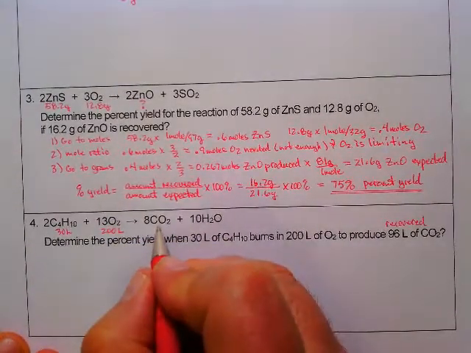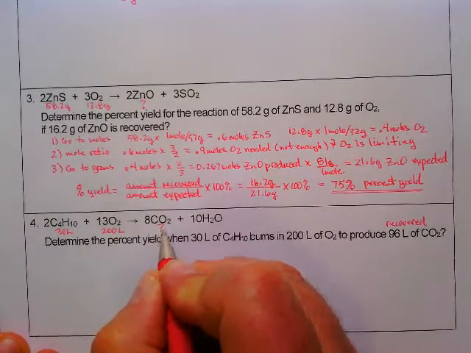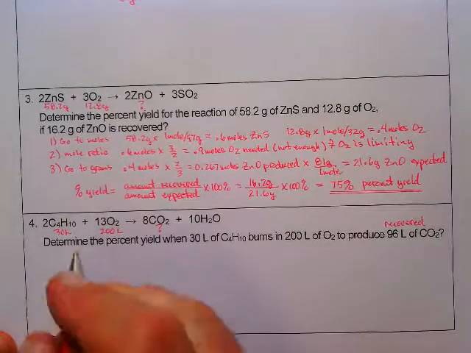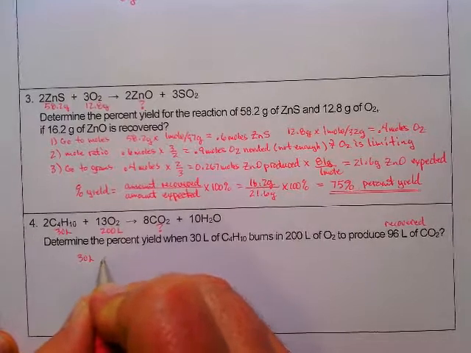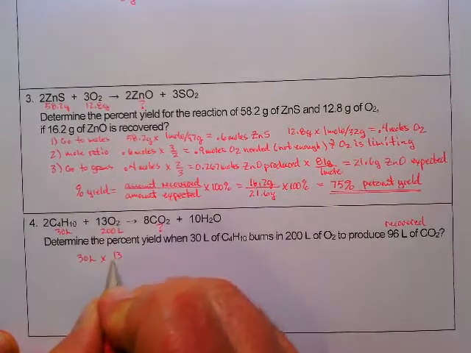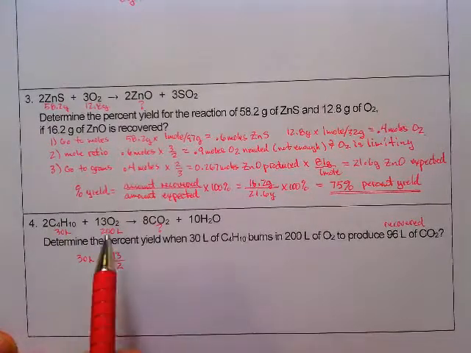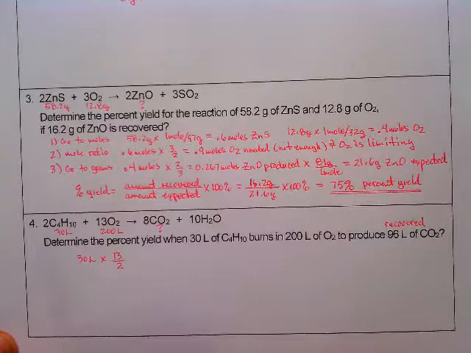And this is what I need to find out, the CO2, so that I can compare it to that 96 liters. So if I take the 30 liters times 13 over 2, because that's the ratio in the problem, for every 13 here, I only need 2 there.